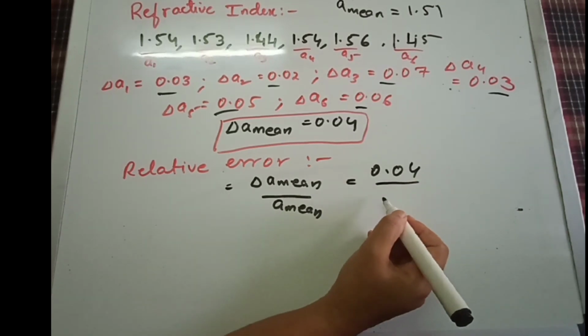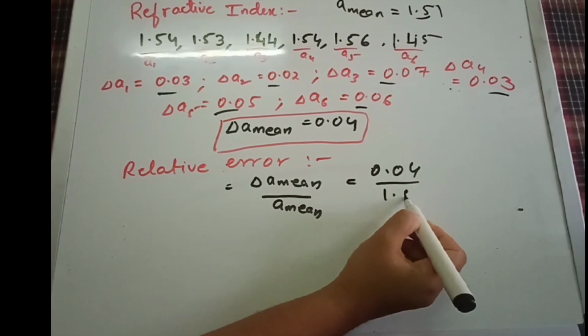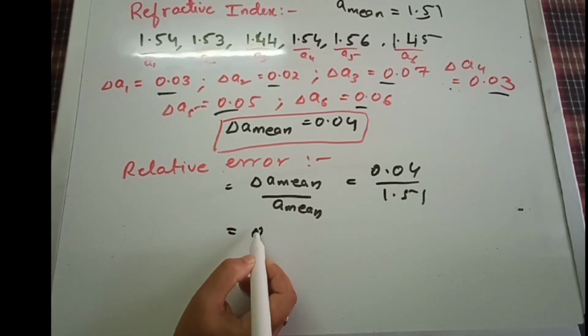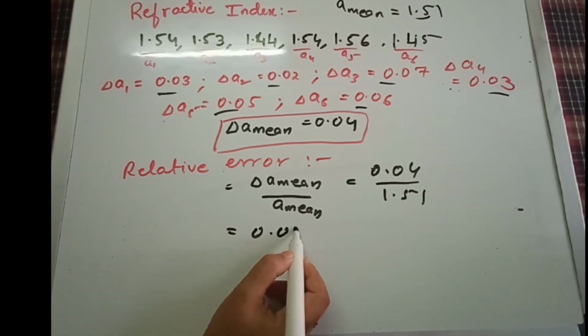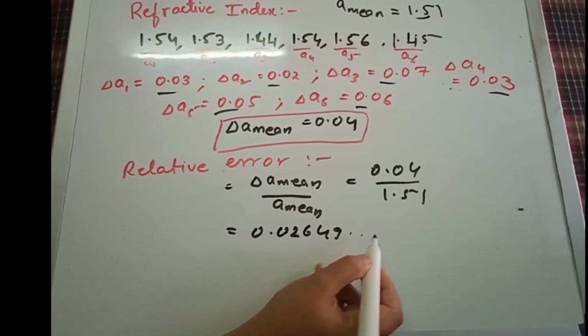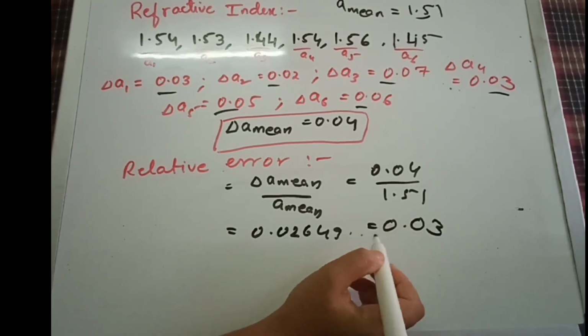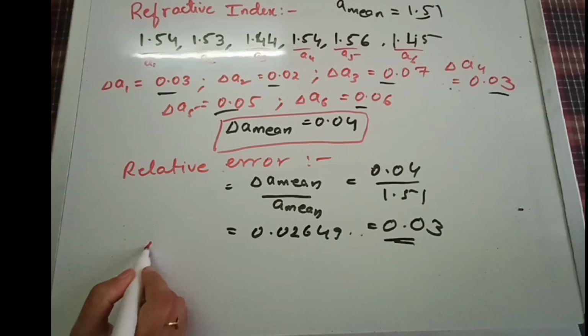So we just have to divide them. 0.04 divided by 1.51. So this will give us the answer 0.0265, which I'll be approximating as 0.03. This is the relative error.